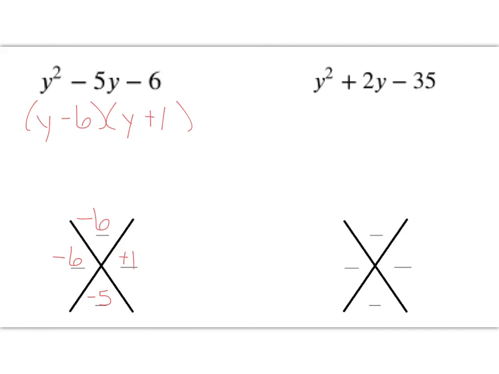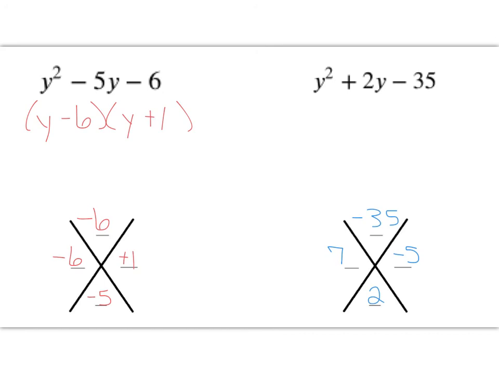Next, we have y squared plus 2y minus 35. So we need two numbers whose product is negative 35 and whose sum is positive 2. What two numbers have this product and this sum? Did you get positive 7 and negative 5?